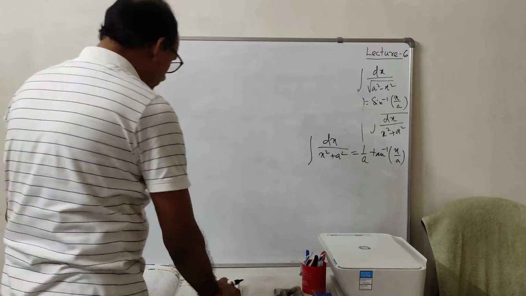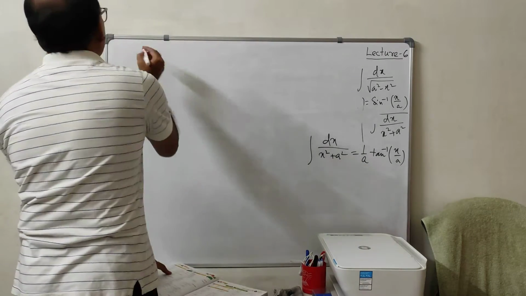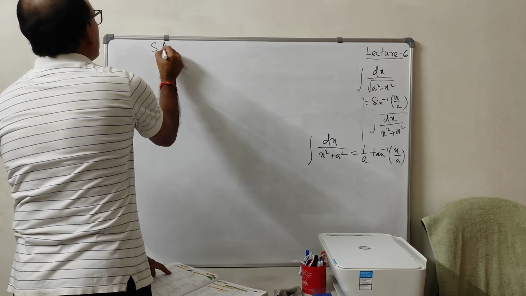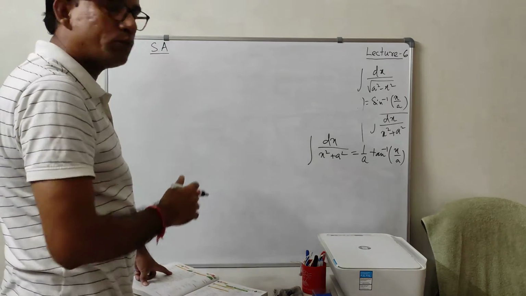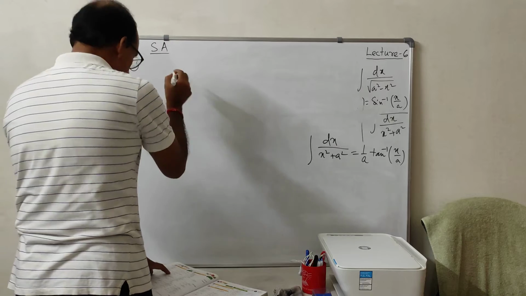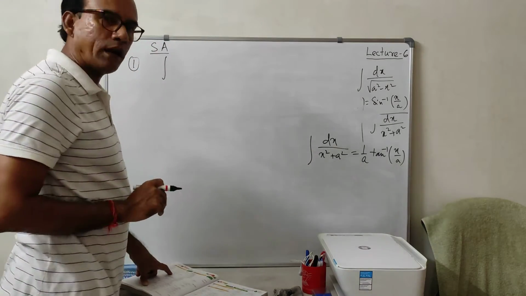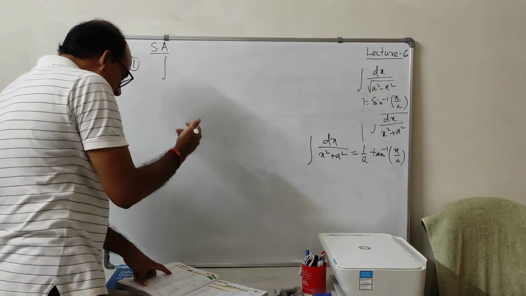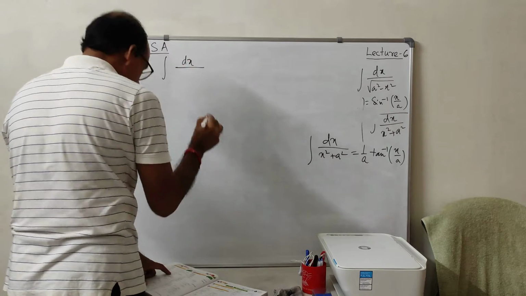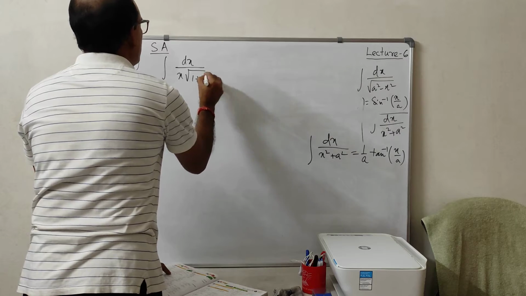Now we start with this problem from the short answer type category from the SN book. It is actually question number 9, but I am giving my own serial 1: integration dx by x root over of 1 plus x cube.